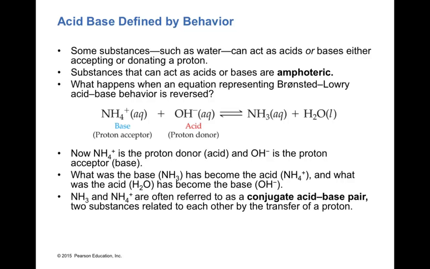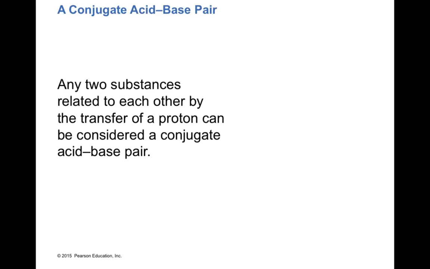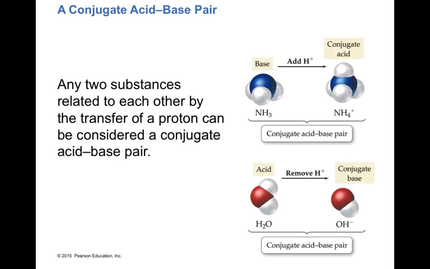NH3 and NH4+ are often referred to as a conjugate acid-base pair, two substances related to each other by the transfer of a proton. So a conjugate acid-base pair is any two substances related to each other by the transfer of a proton. Here we have NH3 and NH4+. That means that this one that is a base will receive a hydrogen to produce the NH4+.